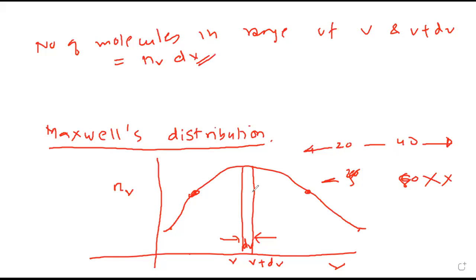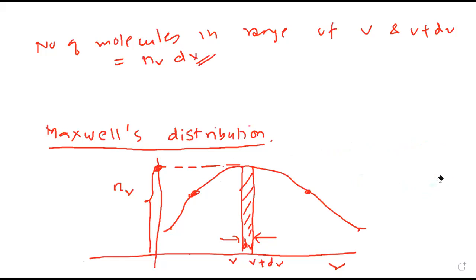Sometimes a very simple question they can ask: how many molecules are present in the range dv. So dv is so small that this is almost constant. From the graph you will find N(v) multiplied with dv gives you the number of molecules. That is called Maxwell distribution. So far it has only been asked in JEE Main as a simple question with a graph given.